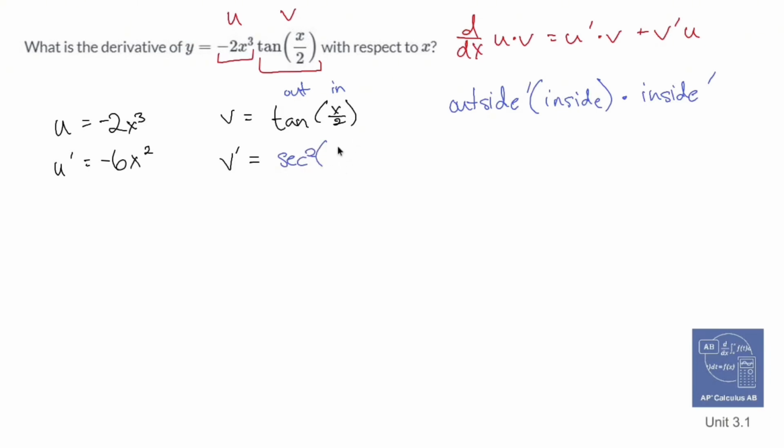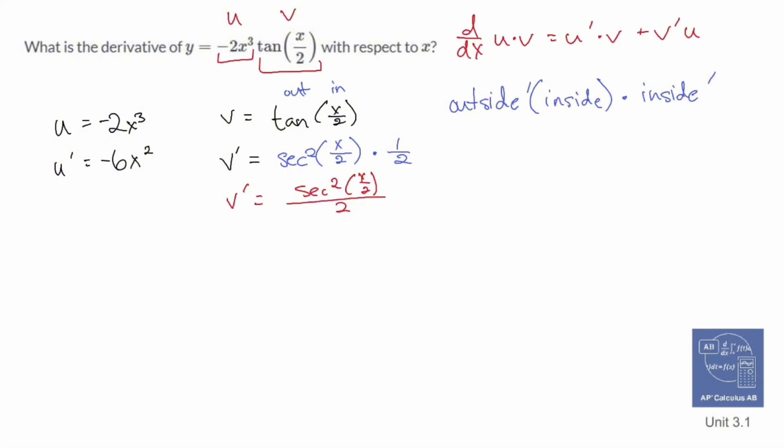Keep the inside stuff, x over 2, but then multiply everything by the derivative of the inside stuff. Now, x over 2 is the same as 1/2 x, so the derivative of 1/2 x is just 1/2. So maybe cleaning this up in one more step is going to be secant squared x over 2 all over 2. All right? It's not going to be pretty, and it's going to be a lot of fun.